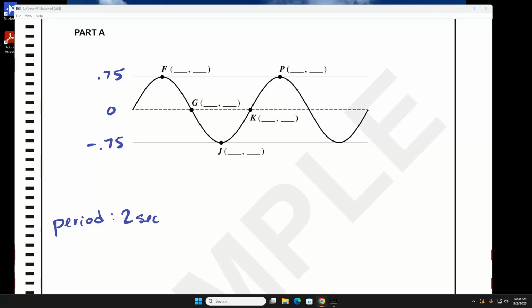We needed that to find our period, but after that, we don't need it. So it says that at time t equals 1 second, the wiper blade is farthest to the right. So is farthest to the right going to be a maximum or a minimum on here? It's going to be a maximum, so I'm going to make that my first maximum. Okay, and then it tells us we're farthest to the left at 2 seconds, and farthest to the left is going to be a minimum.